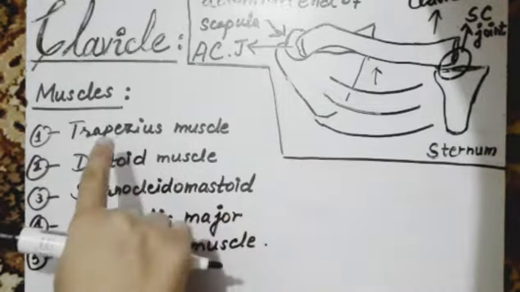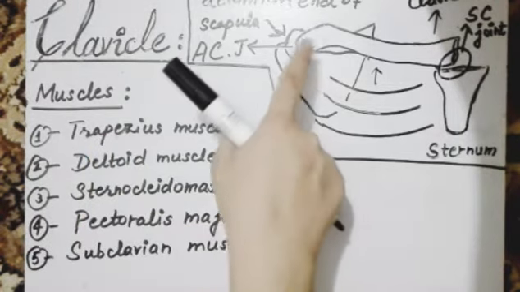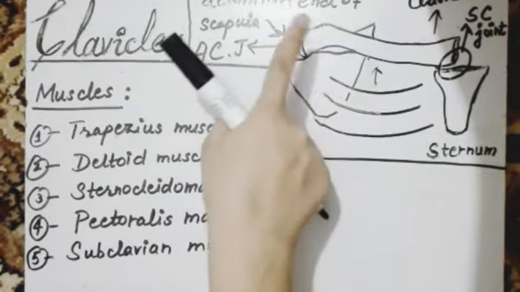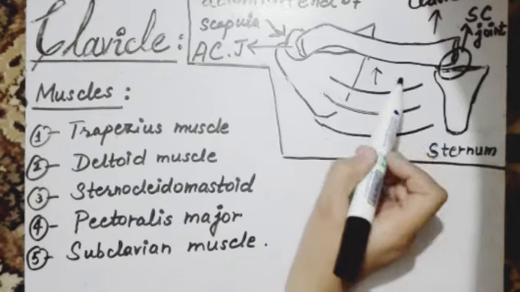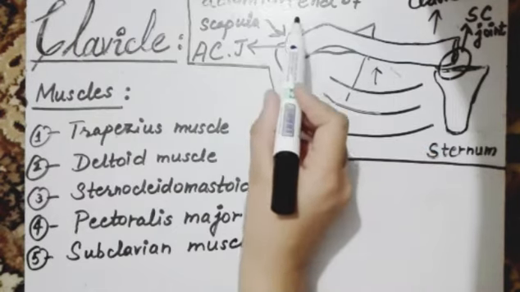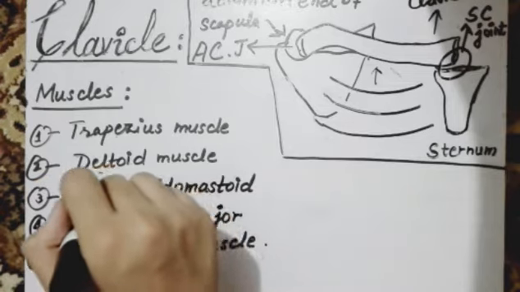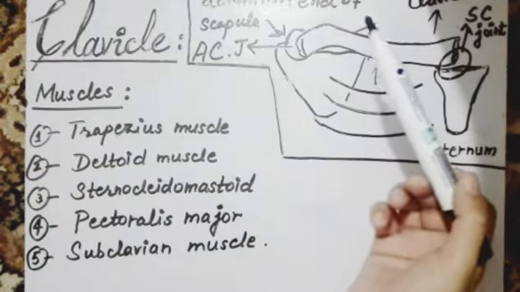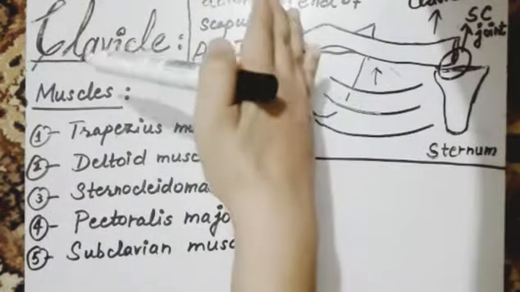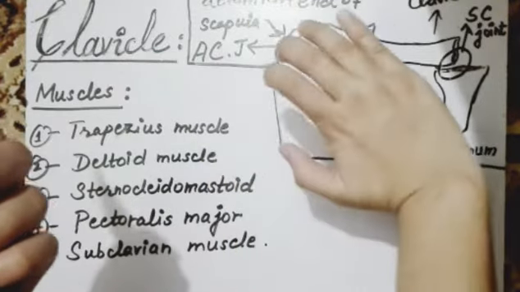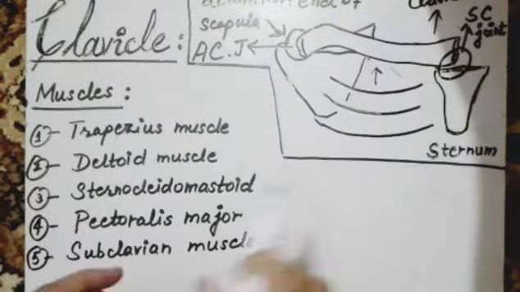Now let's discuss where the muscles are found. The trapezius muscle comes from the posterior side of the clavicle, from the back, and it attaches to this end. About the deltoid, it comes from the anterior surface on the front. Anterior means front and posterior means back.